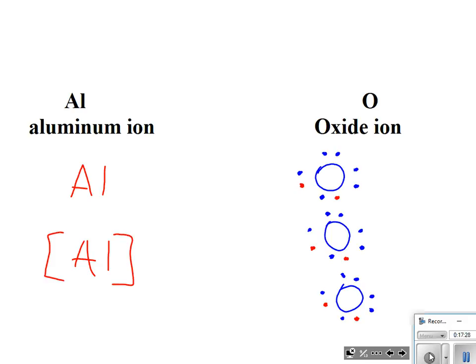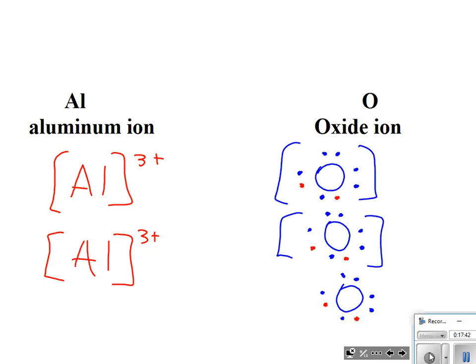So what's the charge of each one of these aluminums going to be? 3 plus, right? Because they've given up 3 electrons. What are each one of these oxygens going to be? Now, when I add up my charges, are my charges equal?